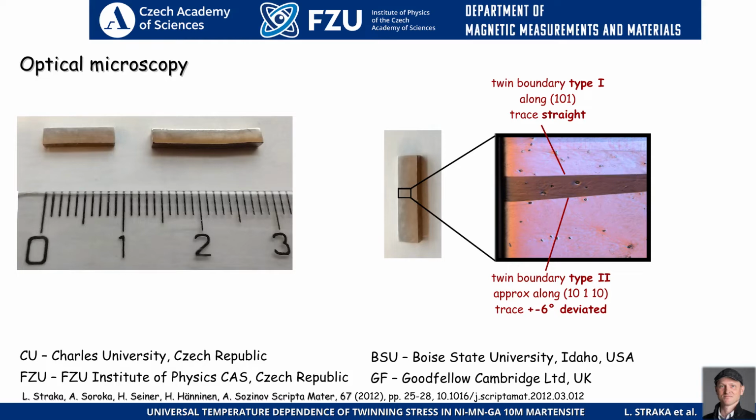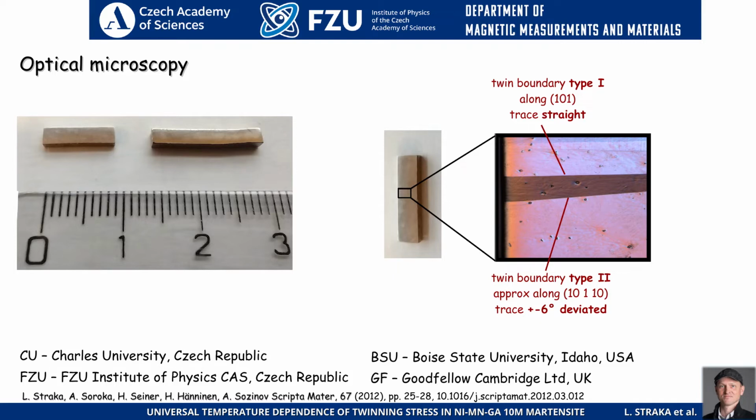This is twin boundaries type 1 actually, and there are twin boundaries type 2, which differ crystallographically, which I will not discuss here, but what is relevant is that these boundaries are tilted plus minus 6 degrees from type 1 twin boundaries or from the exact 100 crystallographic direction.